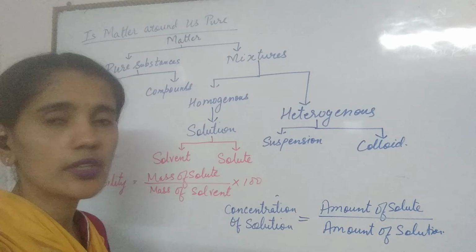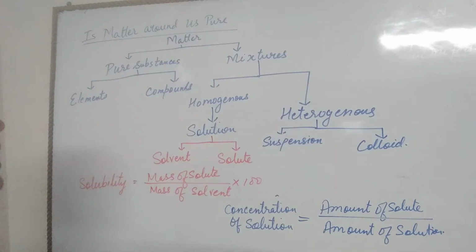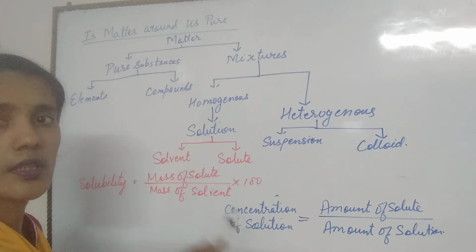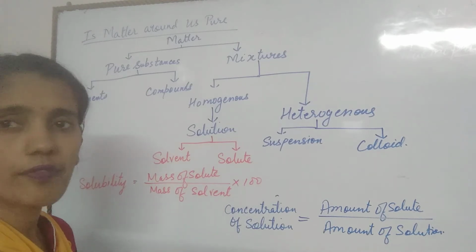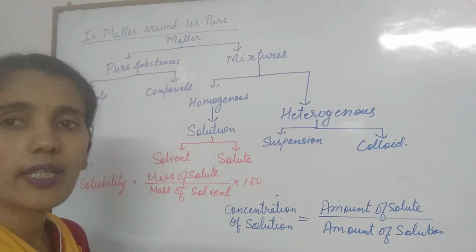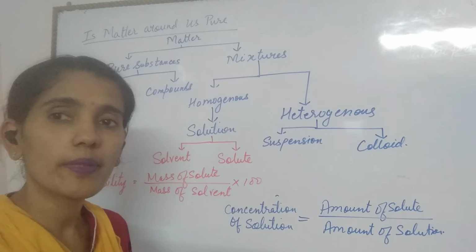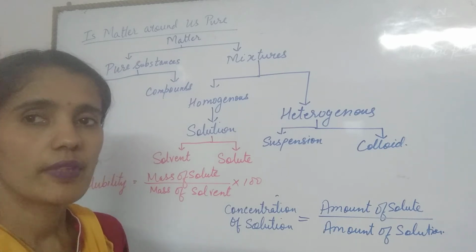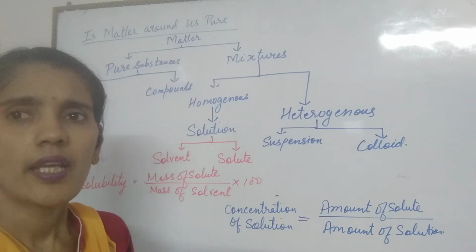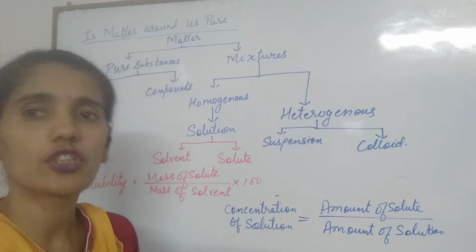Now, in this session, we are going to study in detail about solution. A solution is made up of two components, solvent and solute. Solvent, I have told you, is that in which solute is dissolved, and solute is that which is dissolved.